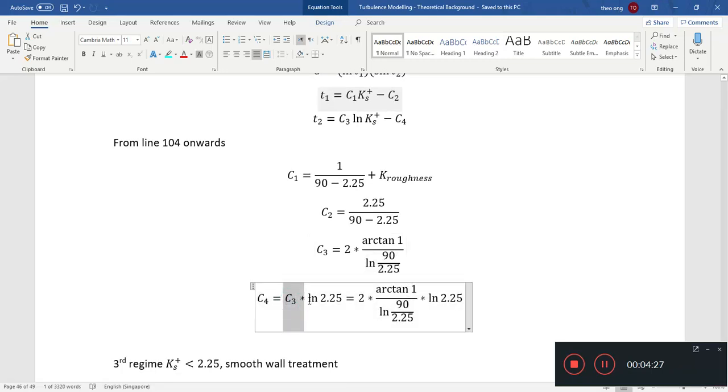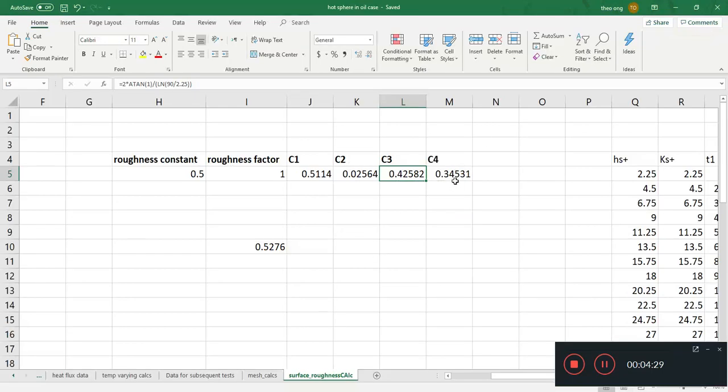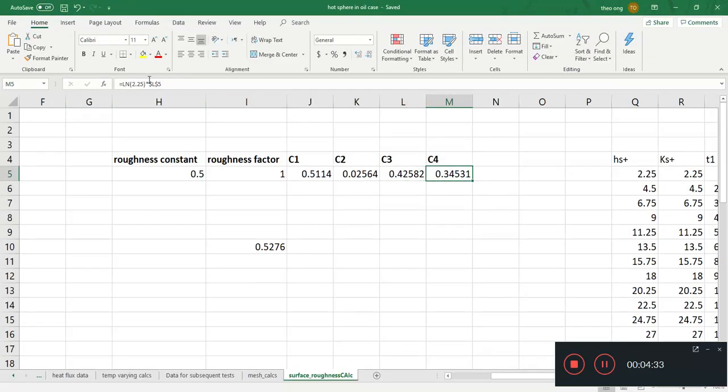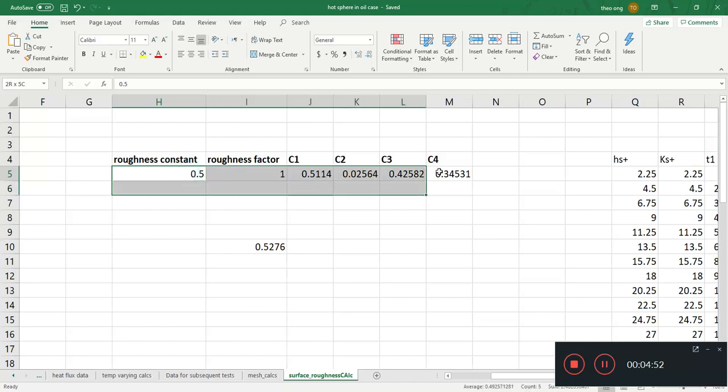C4 equals C3 times ln 2.25, so I have ln 2.25, the natural logarithm, times L5, the cell where I put the value of C3. So this is my basic setup.